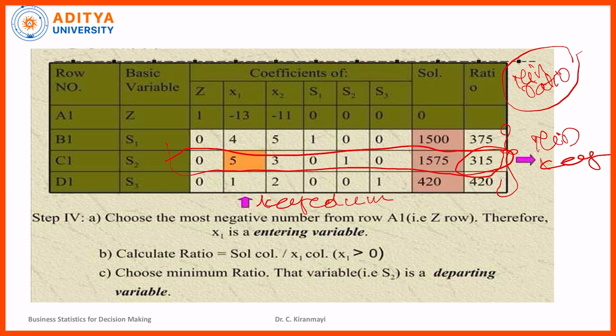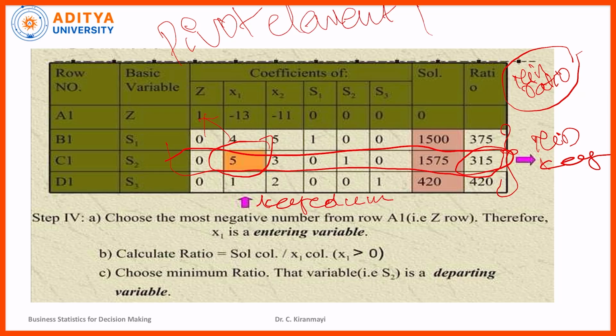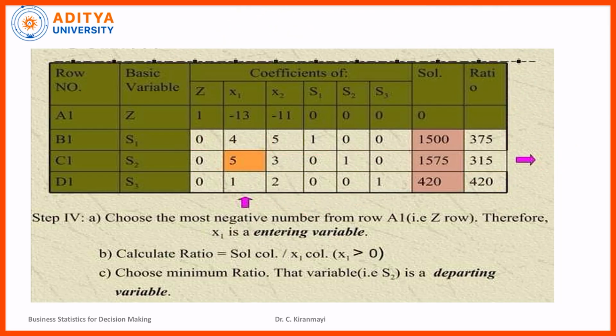The intersection of the key column and key row is 5, which is called the pivot element, or key element. Then we proceed to the next iteration using this key element.